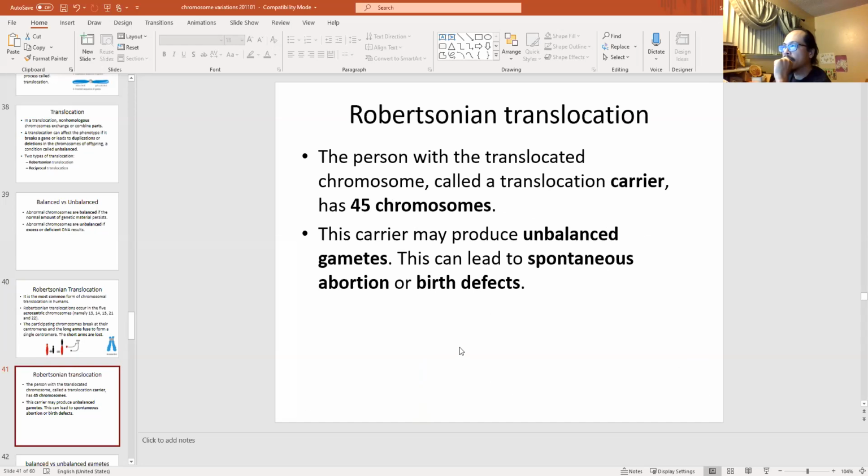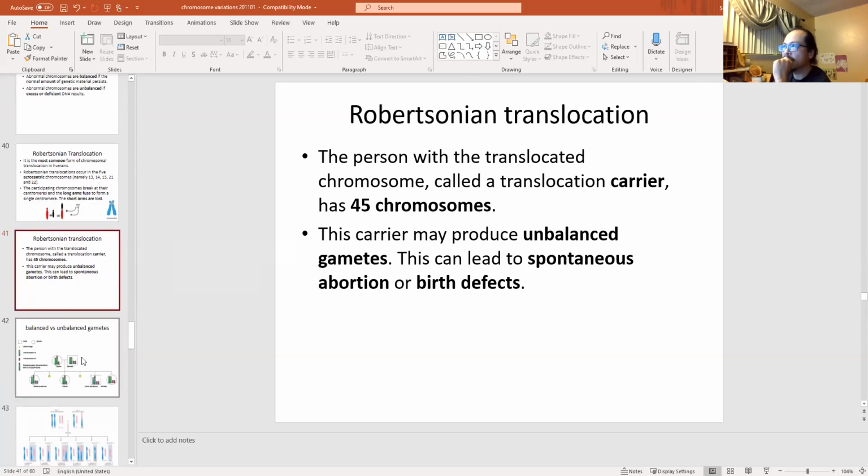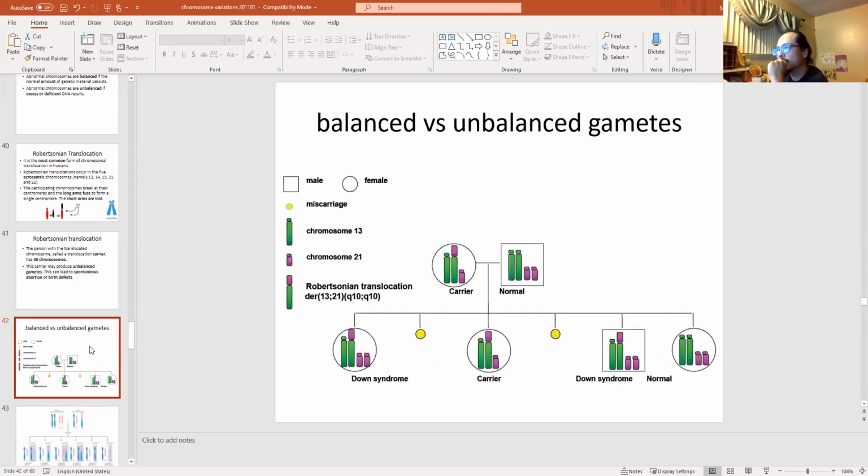But the offspring may be affected, since the carrier may produce unbalanced gametes, and that will lead to disorder in the offspring. It could be an abortion because they will not survive, or defects if they survive.